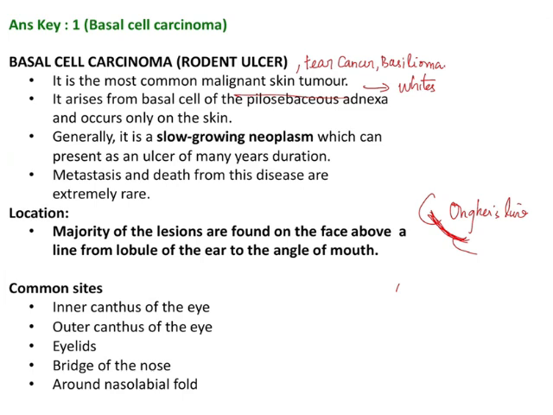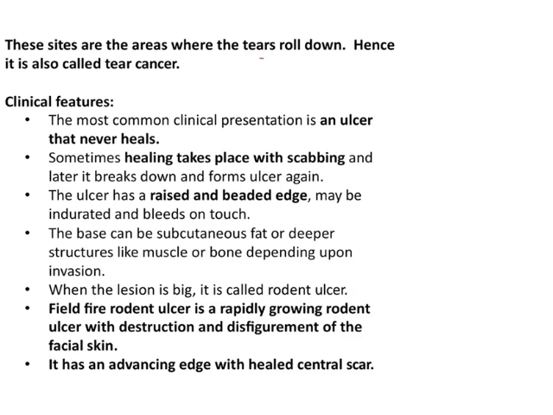The common sites include the inner canthus of the eye, outer canthus of the eye, eyelids, bridge of the nose, and around the nasolabial fold, which we call the dangerous area of the face. That area is more prone for BCC, right? And these sites are the areas where tears roll down. So it's called a tear cancer. We already discussed.